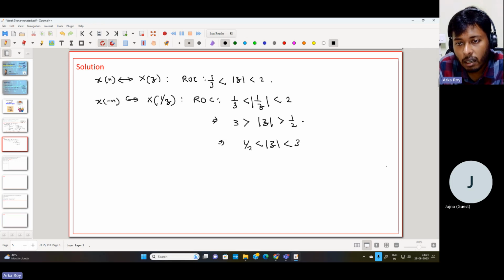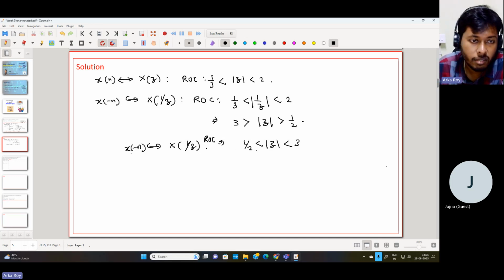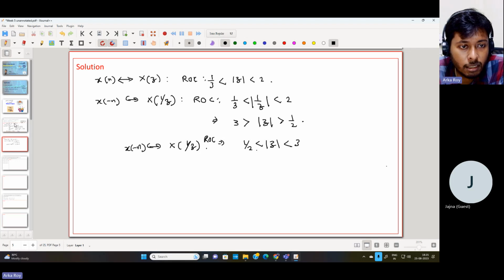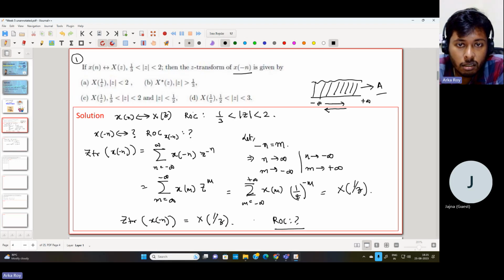So for this particular question, for x of minus n, the z transform is x of 1 upon z, which has a corresponding ROC of half less than mod z less than 3. So let's just check the solution for that. So the option D is matching. So therefore, option D is the correct answer for this particular question.